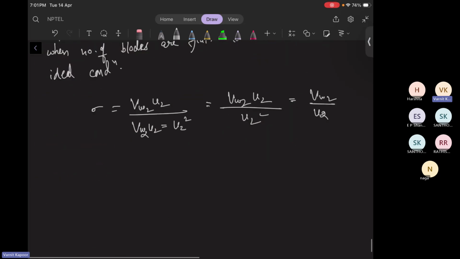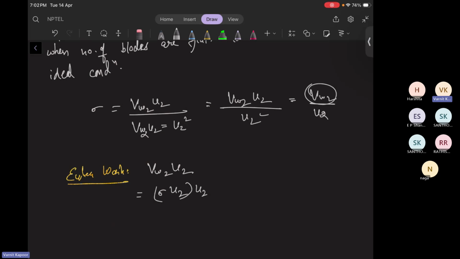So Euler work was nothing but VW2 U2, and VW2 can be written as sigma times U2, so it is sigma, the slip factor, times U2 square. That is your net work input in terms of slip factor.